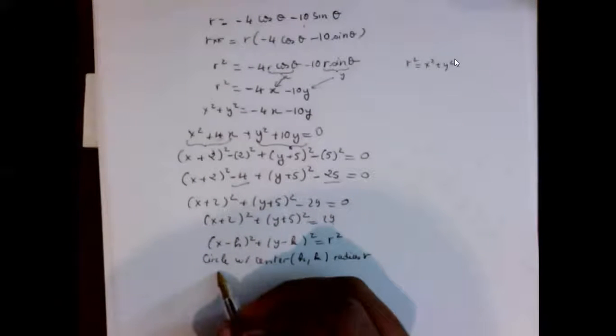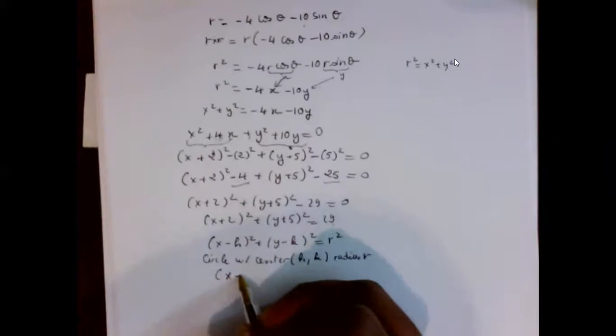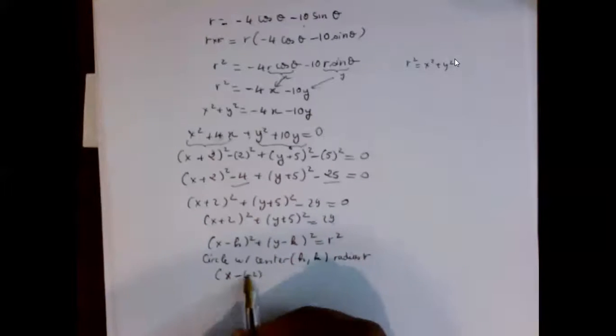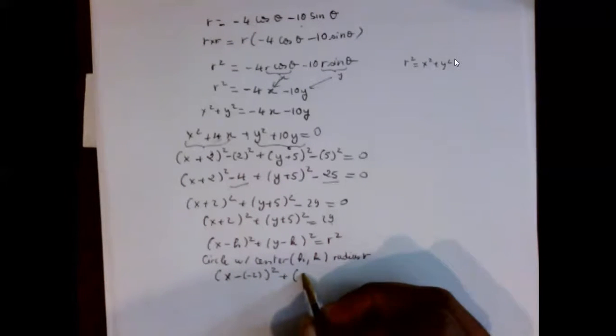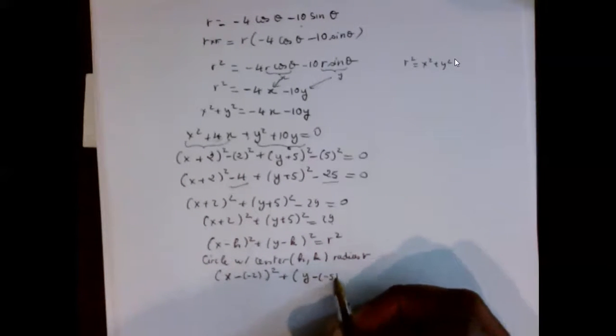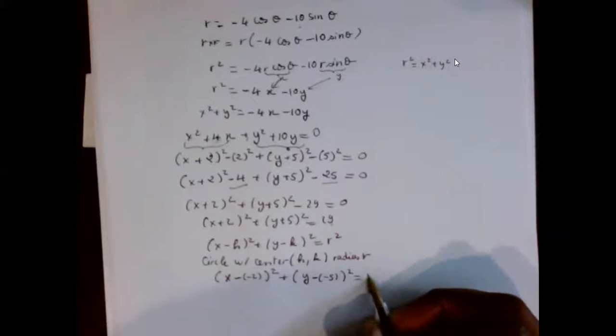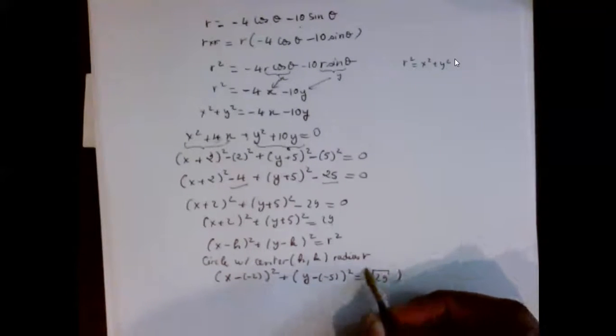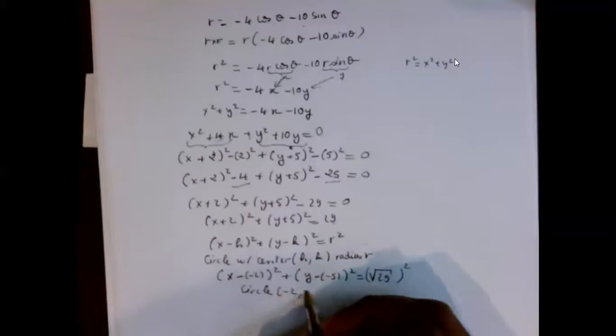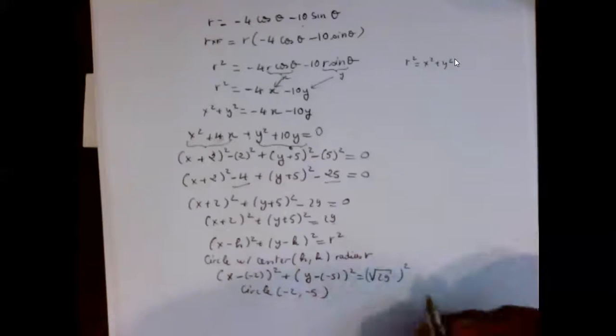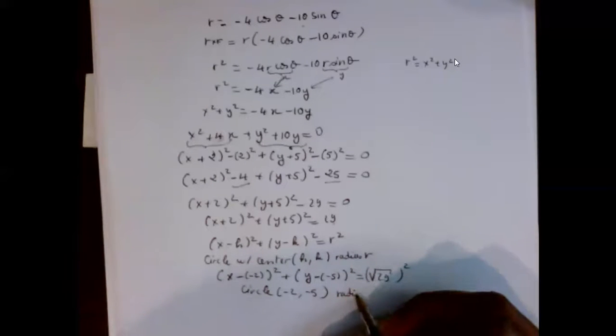In this case, we have x minus minus 2, because minus and minus become plus, plus y minus minus 5, squared, equals the square root of 29 squared. So this is an equation of a circle with center (-2, -5) and radius square root of 29.